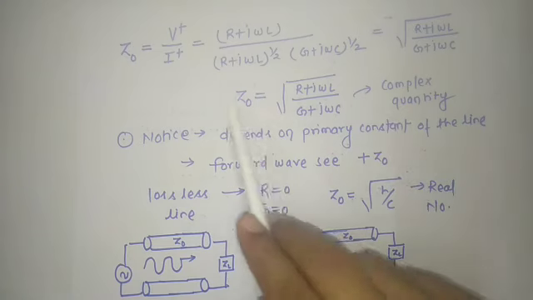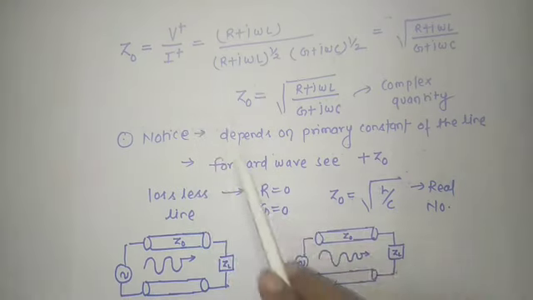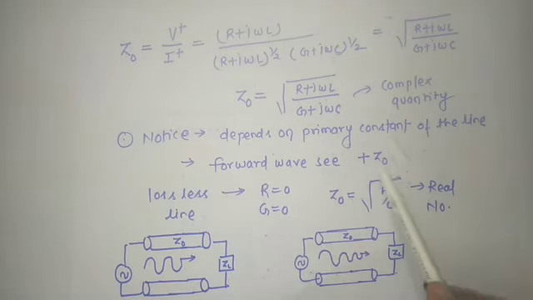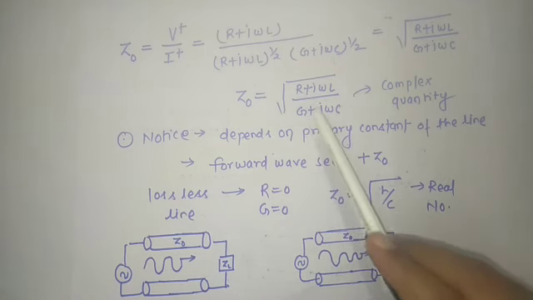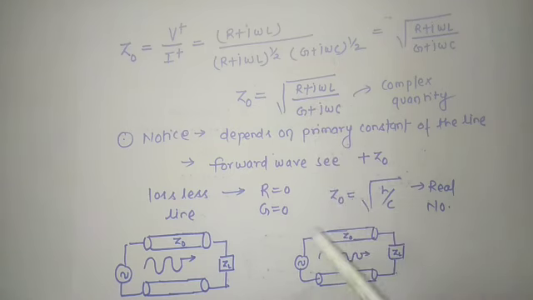So this is for the forward wave, meaning the forward wave sees a positive characteristic impedance. This characteristic impedance is for the lossy transmission line. Why do we say so? Because R and G both are lossy elements, they dissipate energy in the form of heat.